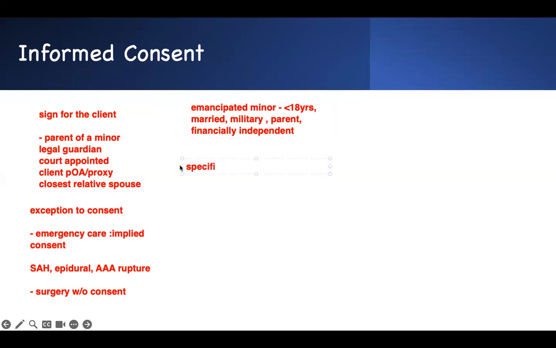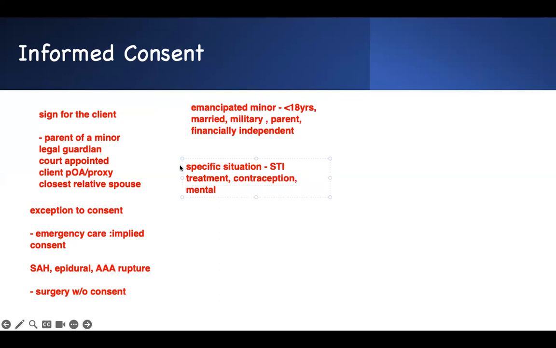Specific, you see, I'm breaking it down. Specific situations too. If you need sexually transmitted infection treatment, yeah, you can sign consent. You don't need your parent's consent. If you're looking for contraception and you are less than 18, you don't need your parent's consent.